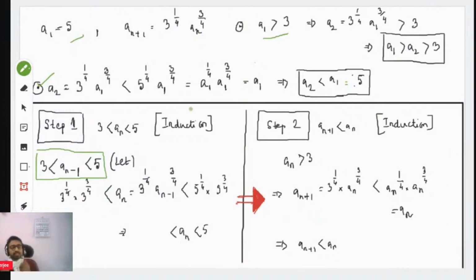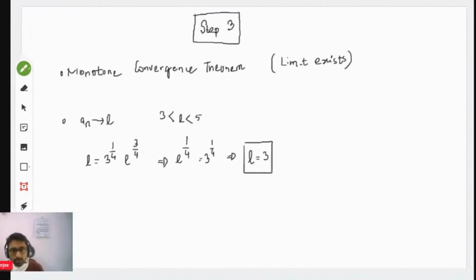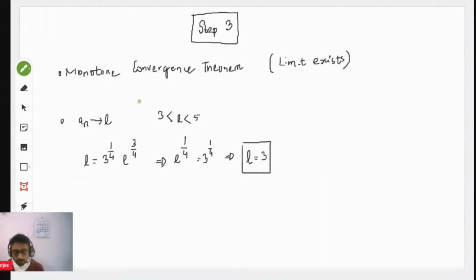When a sequence is decreasing and bounded, the result that should come to your mind about its limit is called the monotone convergence theorem. If you use the monotone convergence theorem, it tells you that yes, the limit exists here, guys. Since the limit exists, you can assume the limit is L, and use it in the recurrence relation, a(n+1) equals 3 to the power 1/4 times an to the power 3/4.